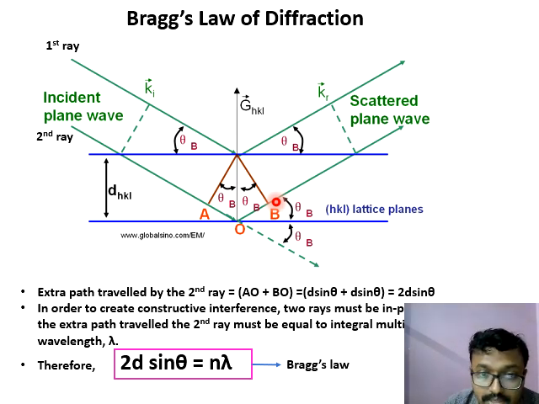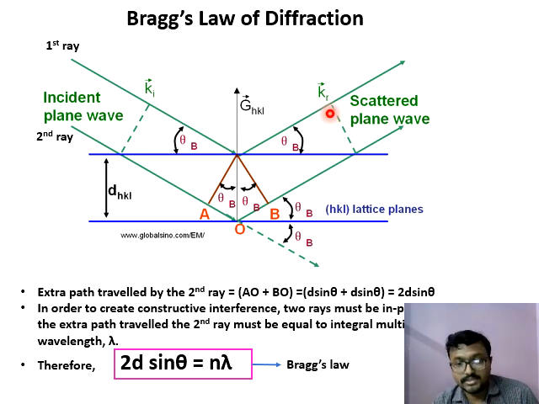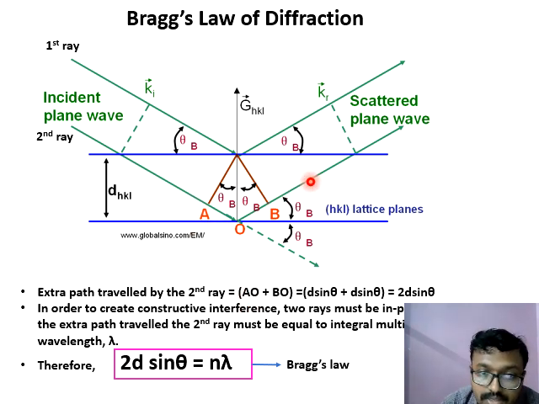If this extra path AOB is equal to n lambda, only then the second wave and the first wave will be in the same phase. So the condition is that the extra path AOB should be equal to n lambda.